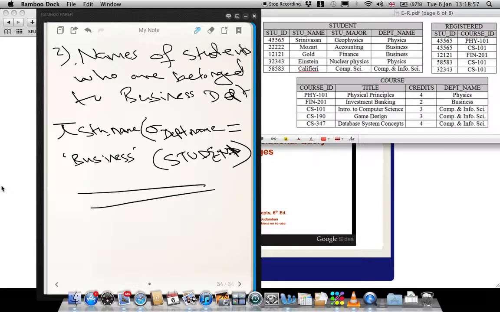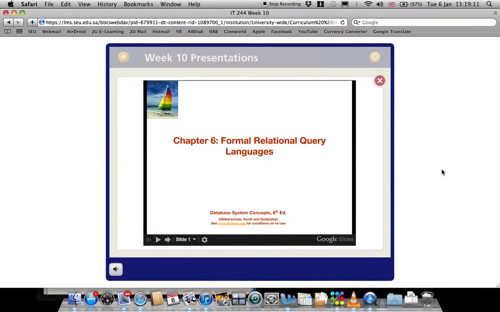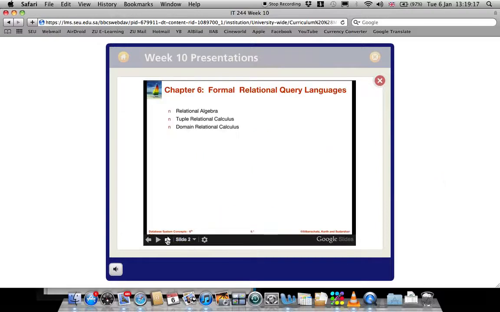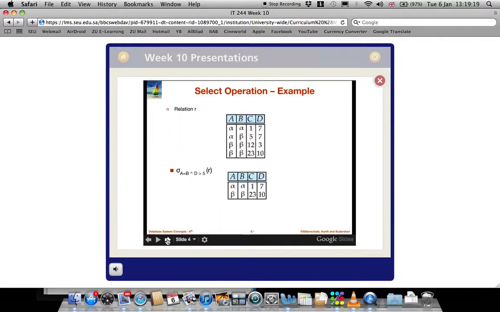Make sure you understand this. I'll cut it here. Now I'll go quickly to the chapter itself and review what's important. All of this is revision.